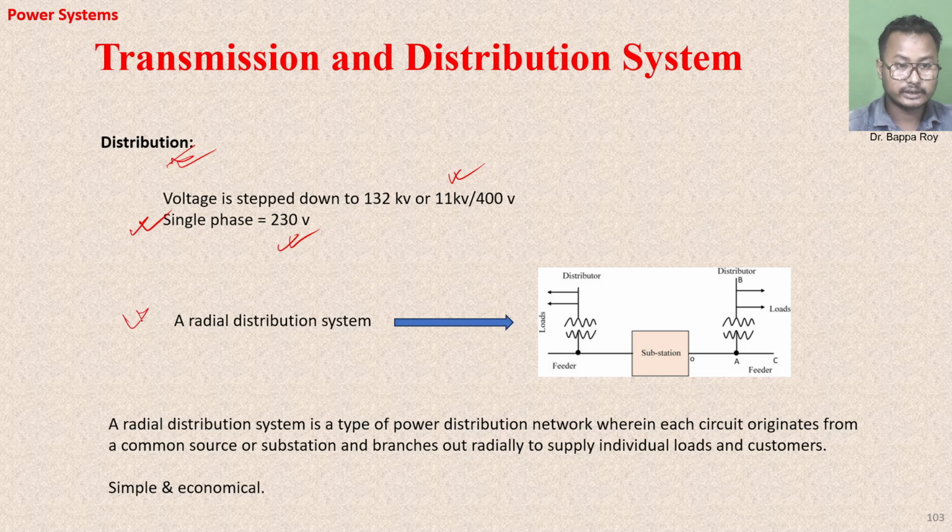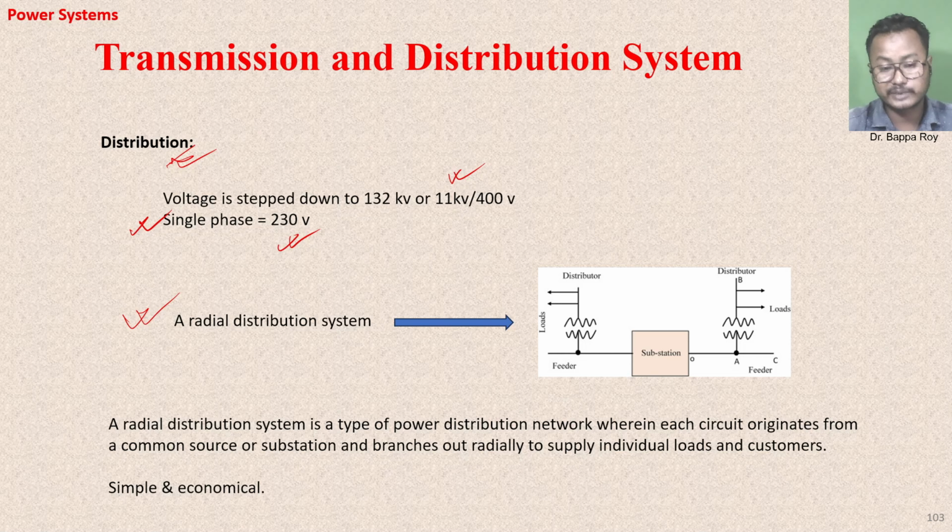Then one thing is the radial distribution system. What is a radial distribution system? From the figure you can see, a radial distribution system is a type of power distribution network wherein each circuit originates from a common source or substation and branches out radially to supply individual loads, customers or consumers.